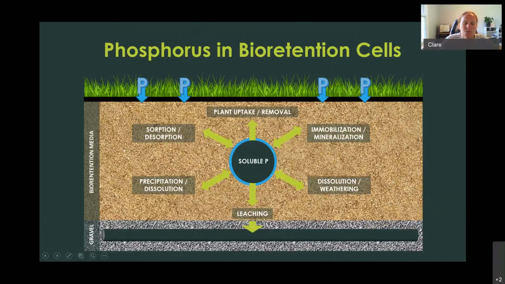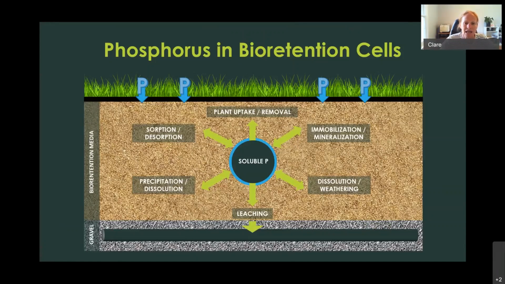Thanks, Nick. So before I jump into the results, phosphorus behavior in bioretention cells is governed by a number of complex abiotic reactions as well as biological processes, as you can see here in this diagram. We need to understand the relative importance of these different processes and reactions if we're going to be able to enhance bioretention cells for phosphorus removal.